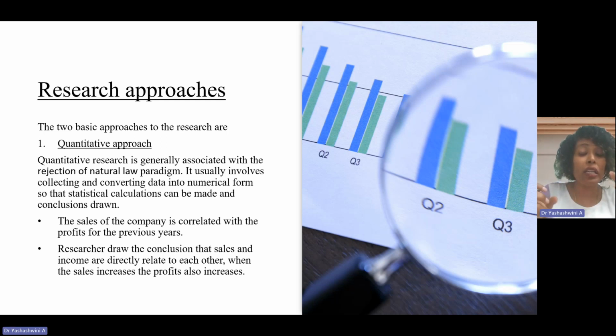When it comes to quantitative, the word itself tells you we're going to play with the data, understand the data which is being collected in the form of numerical terms. So we approach the research in these various methods, that is qualitative and quantitative.